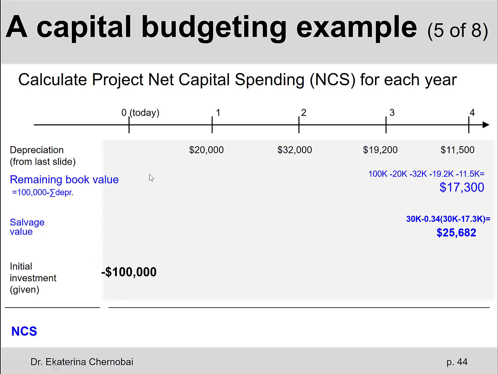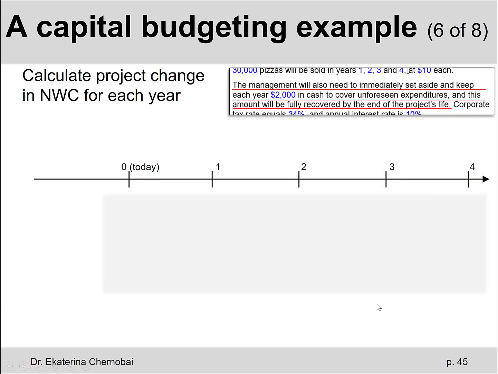So to summarize, the net capital spending related to this 4-year project includes $100,000 spent in year zero and $25,682 received at the end of the fourth year. And there's nothing in years 1, 2, and 3. It's all blank. Okay. Next, calculate project change in net working capital for each year.